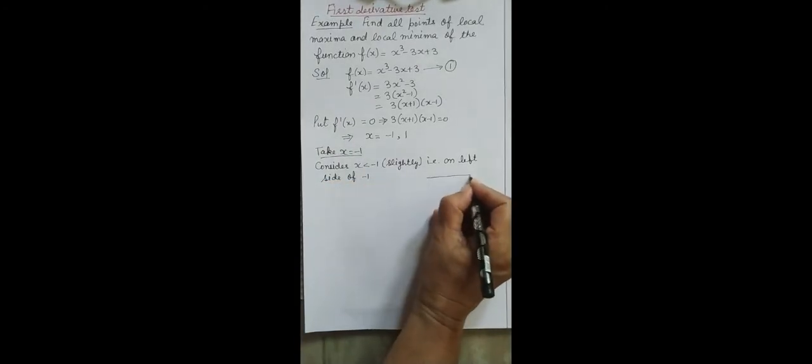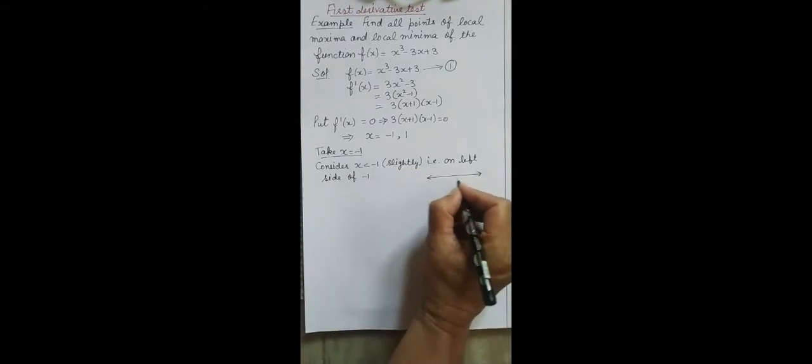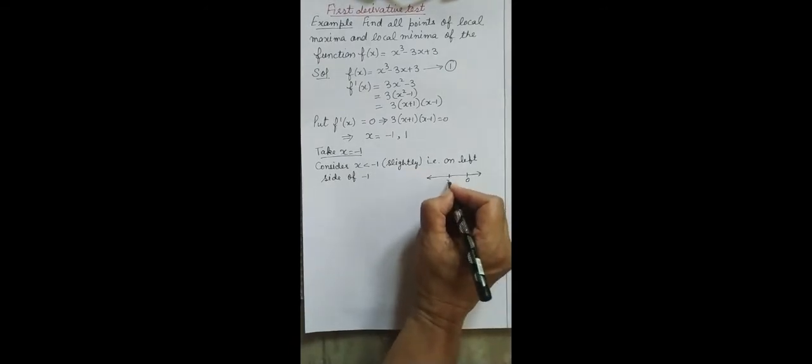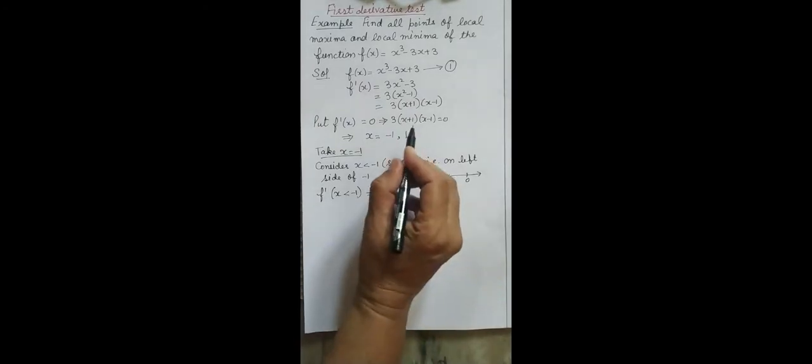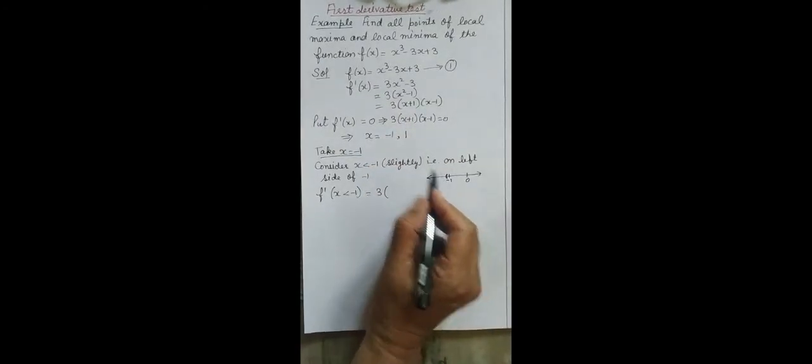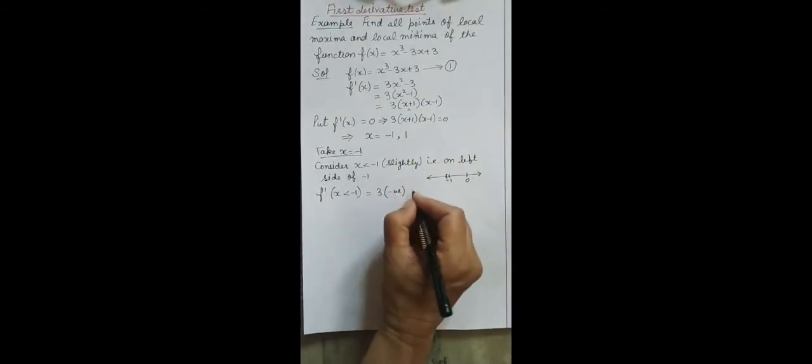If I take the help of a number line, this is my 0, this is −1, and I am taking the left side of −1. So what will be f'(x) for x < −1? This will be equal to 3 into, if I put a number less than −1 in this expression, this expression will be negative, and similarly this expression will also be negative. So my final result will be positive.